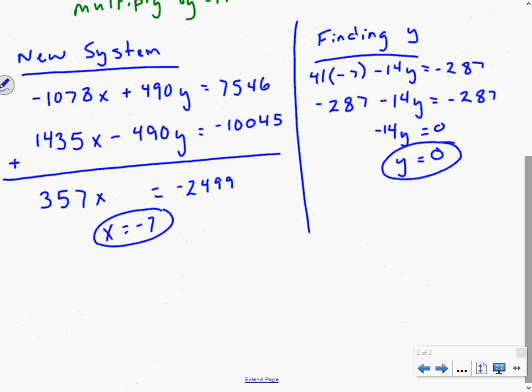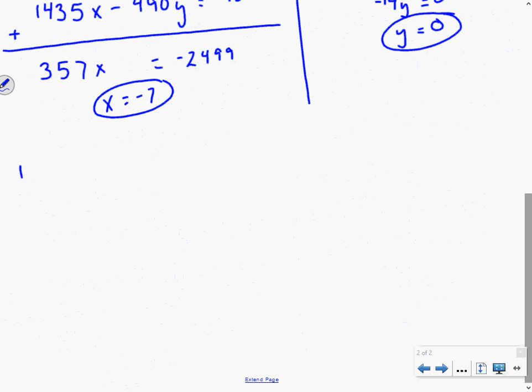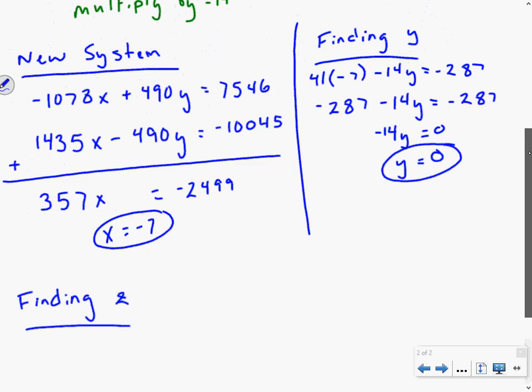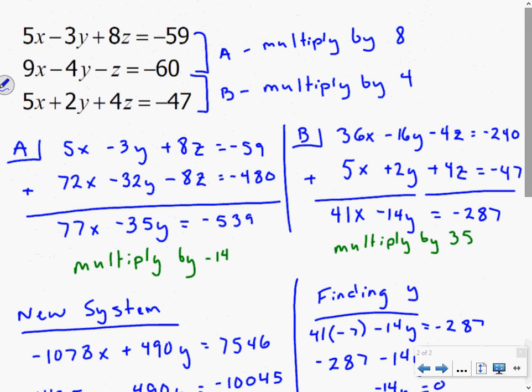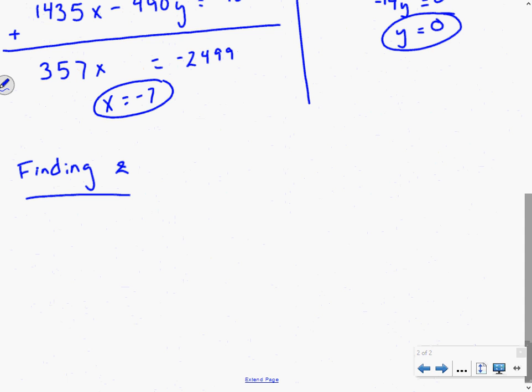If we're going to find z, we need to plug these x and y values back into one of our original three equations. Let's do that middle equation, that 9x minus 4y minus z.